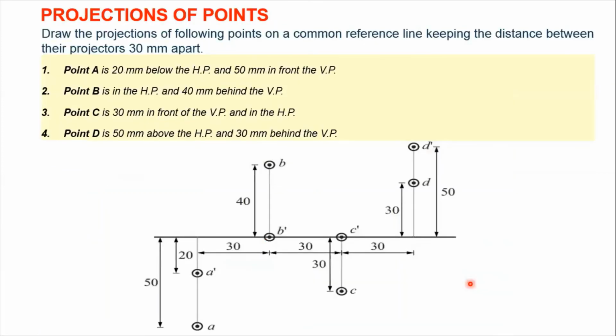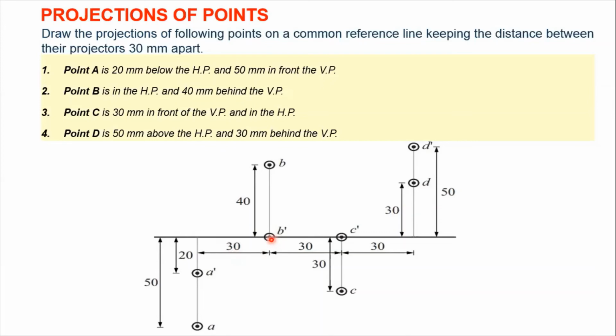Now let us look at one more example. Draw the projections of the following points on a common reference line, keeping the distance between their projectors 30 mm apart. So we are having a total of 4 points, and projectors means for point A, projectors would be A dash and A, and for point B, projectors would be B dash and B. While drawing these projectors, A dash A line and B dash B line, we'll be keeping the distance between these two projectors as 30, as you can see in this figure.